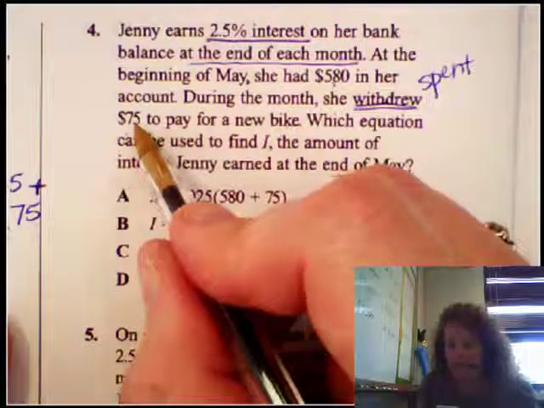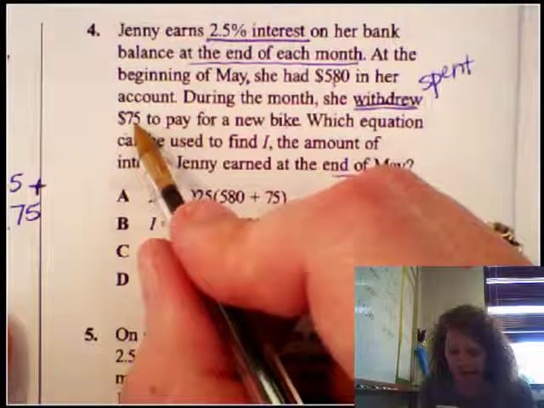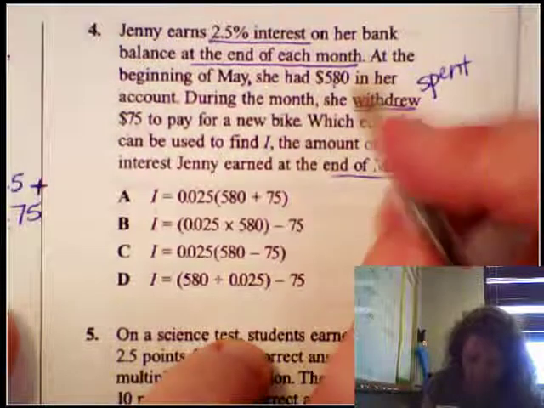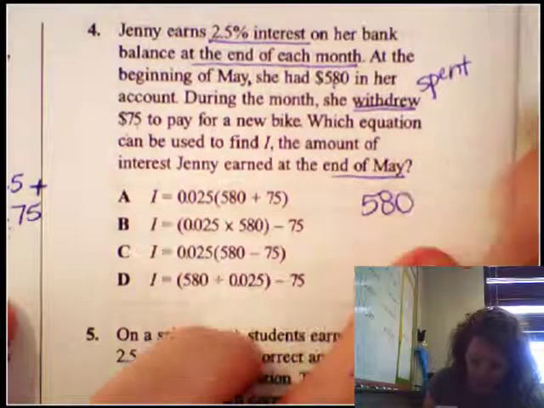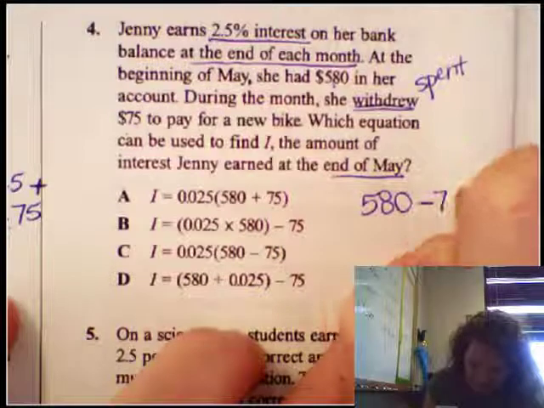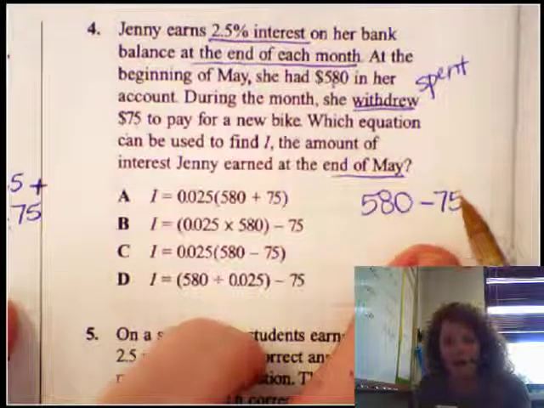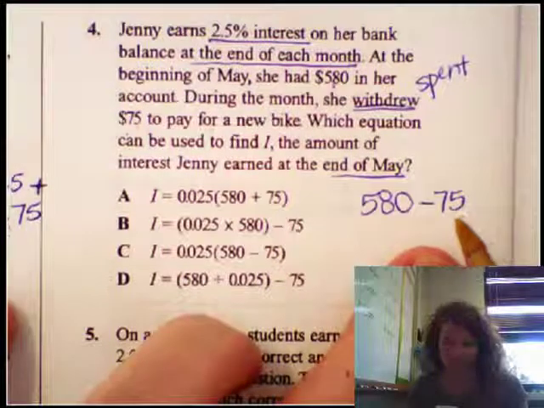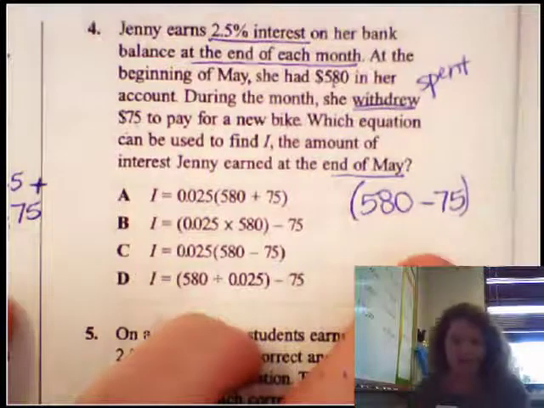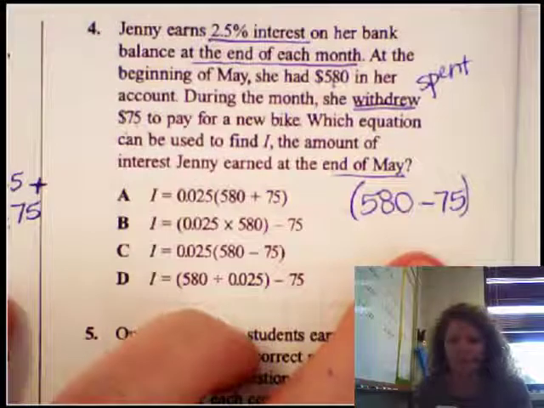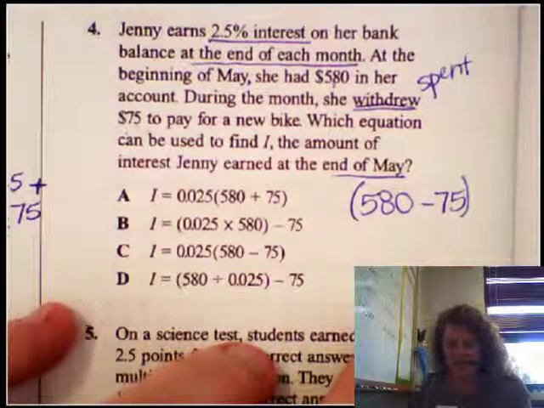So how much did she actually have in her account at the end of May? Well, what would we have to do to find that? We'd have to say we had $580, and we'd have to minus the 75. Why minus? Because she spent it. It's gone. She does not own it anymore. So that would give us how much would be in her account. Okay? So we know we're going to have to do something like that.